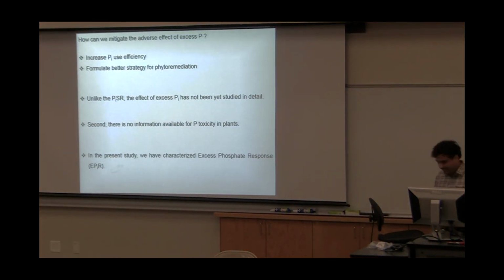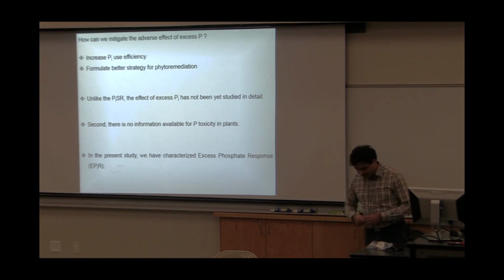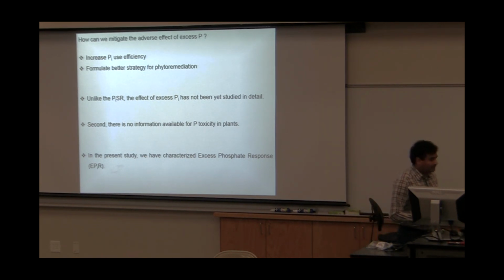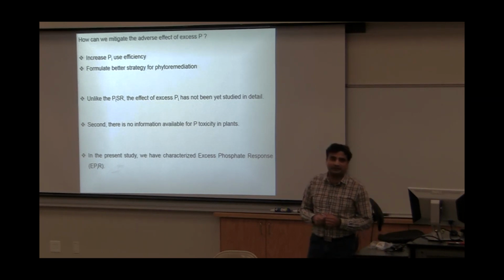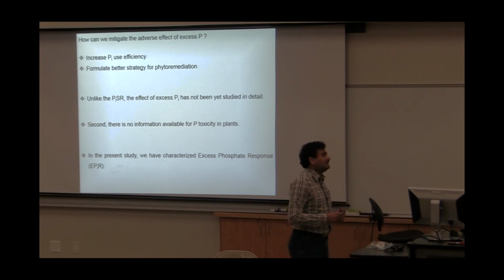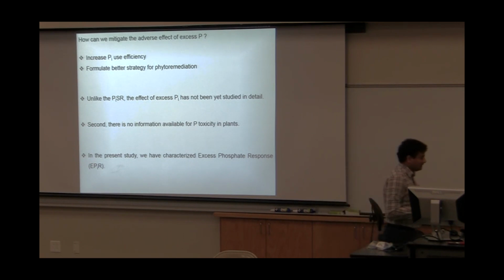So how can we mitigate the adverse effects of phosphorus? We can do two things. We can increase the phosphate use efficiency of the plant so that there is less need to put fertilizer. And second, we can formulate a strategy for phytoremediation of excess phosphorus. Phytoremediation is an efficient, aesthetic green technology by which plants can accumulate phosphorus into the aboveground parts for phytoextraction.